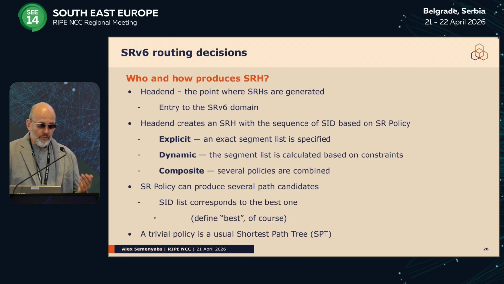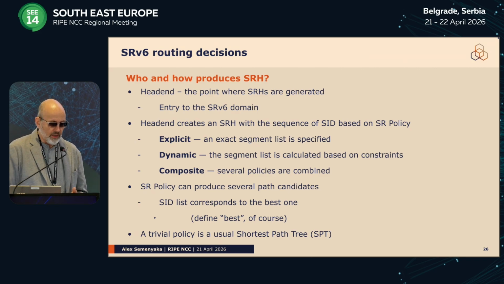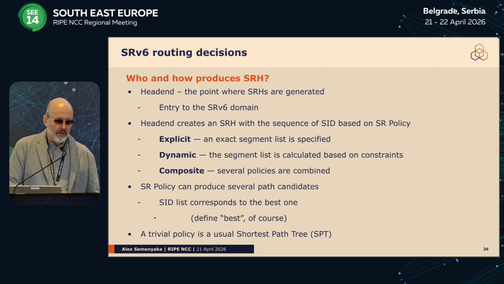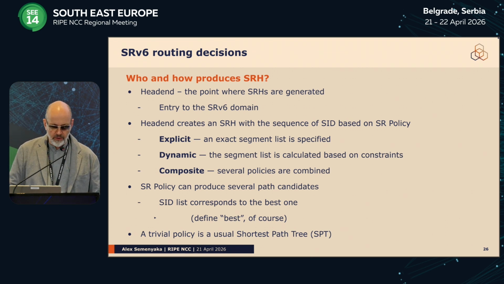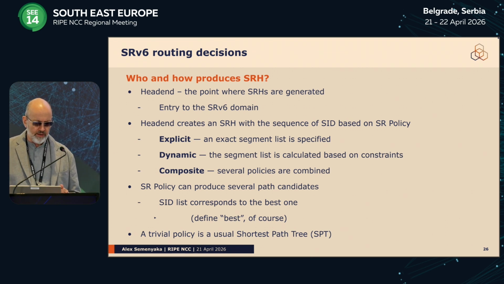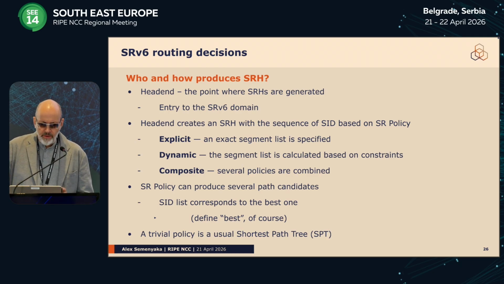Now, the obvious question is who and how is producing this header. The idea is clear. I can form the sequence of header of seeds, and I understand how SRv6 capable router will deal with these.